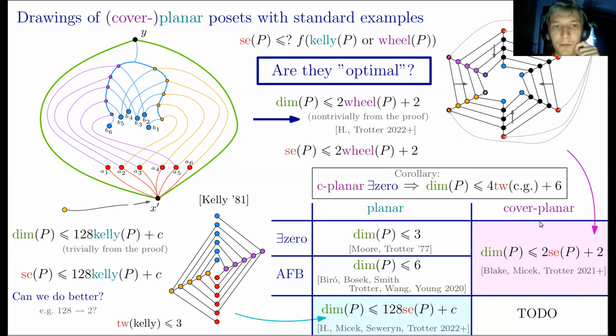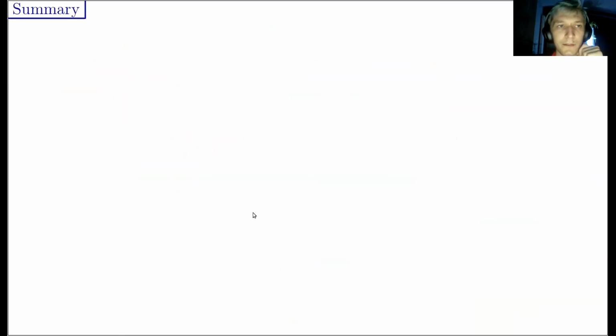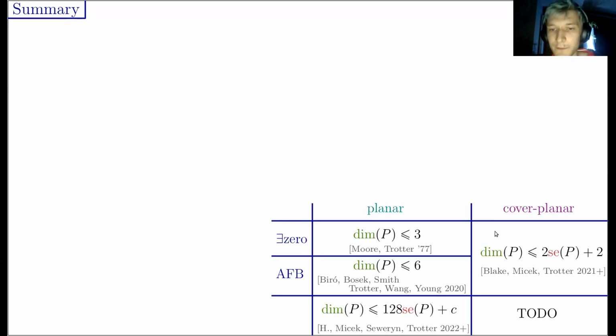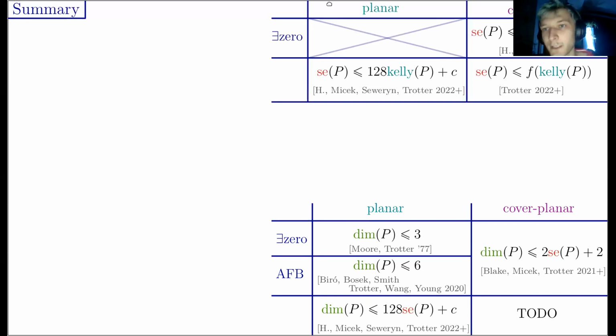Okay, and let me summarize the things which I told you about and the things which I didn't tell you about. First of all, we have this table with an open problem of determining dimension boundedness in the cover planar case without restrictions. We have this table, which I told you about. So this is about drawing standard examples on the plane.